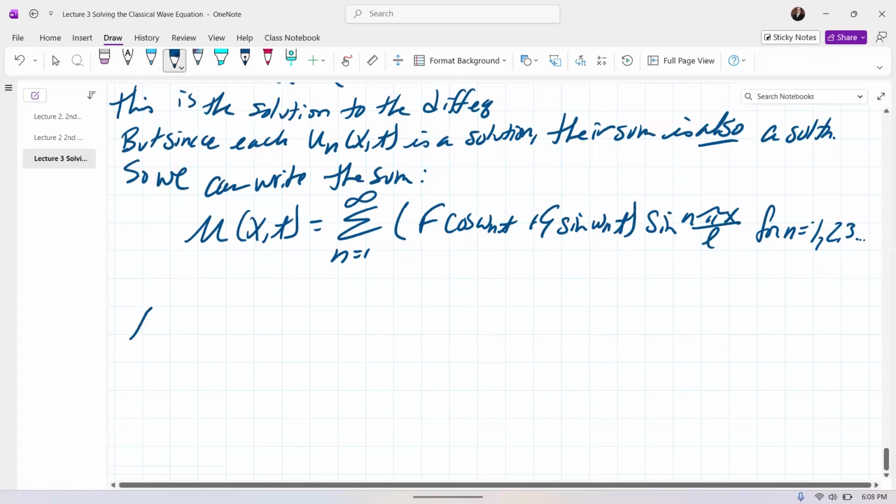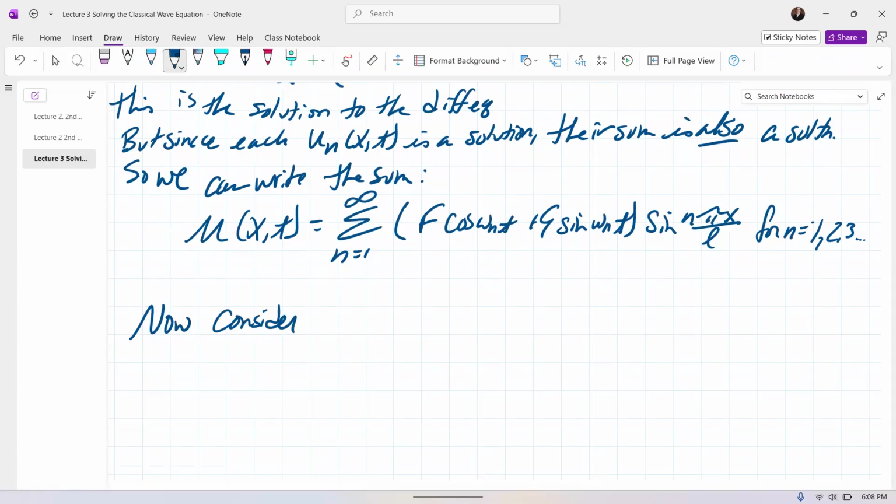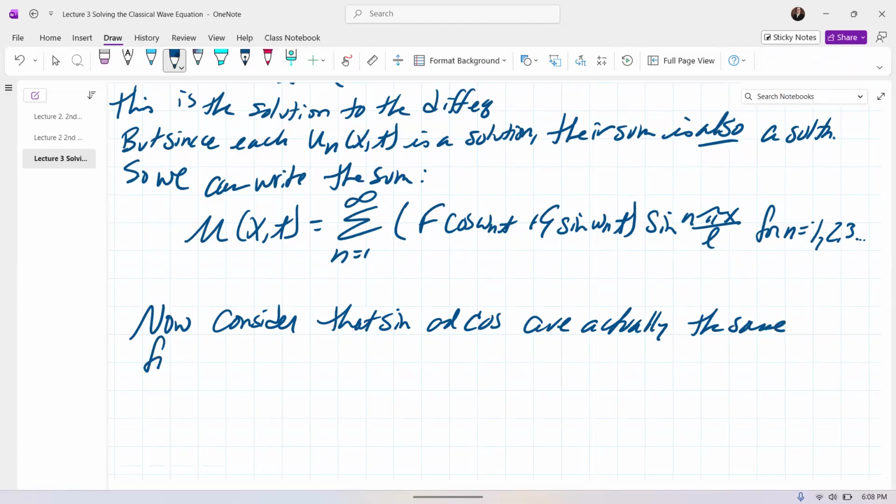Now consider that sine and cosine are actually the same function with an offset translation.